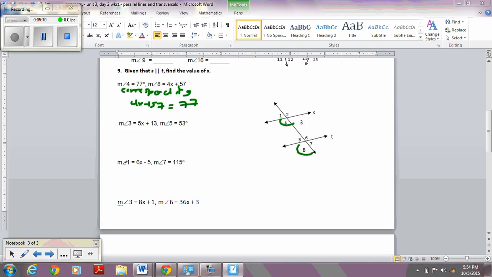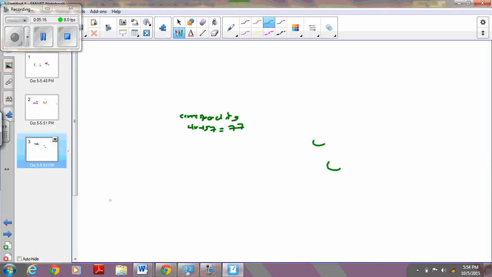Okay, let's change screens real quick. So with that being said, if I subtract 57 on both sides, I would have 4x equals 20, and then divide both sides by 4, and then x equals 5.